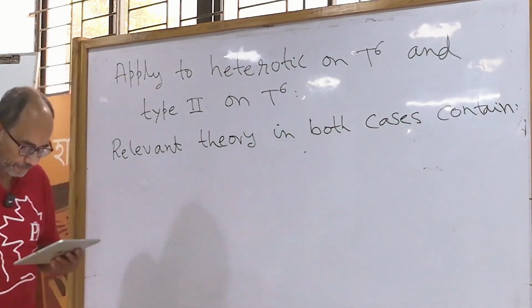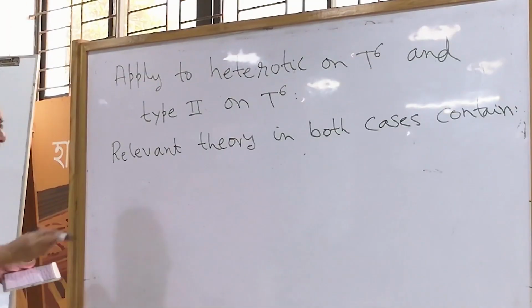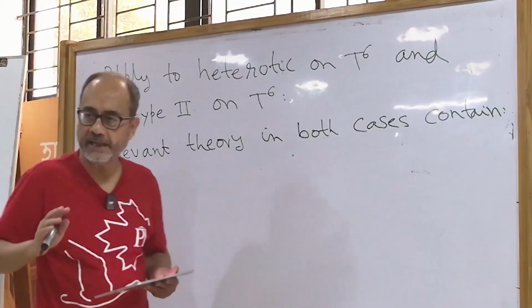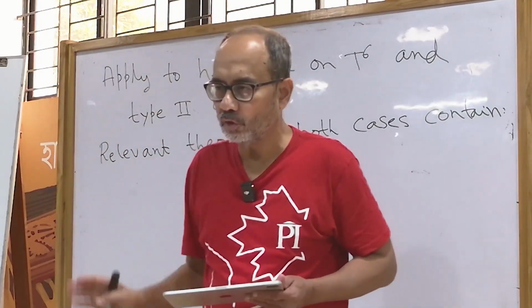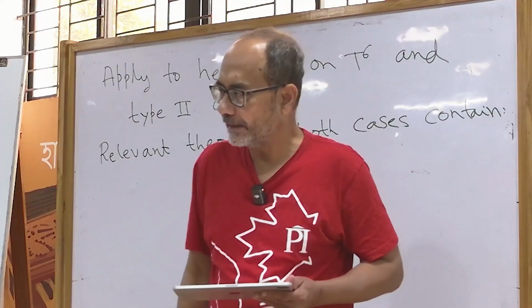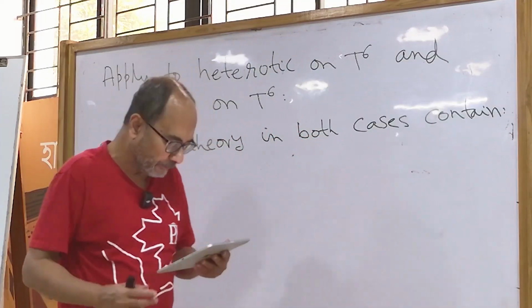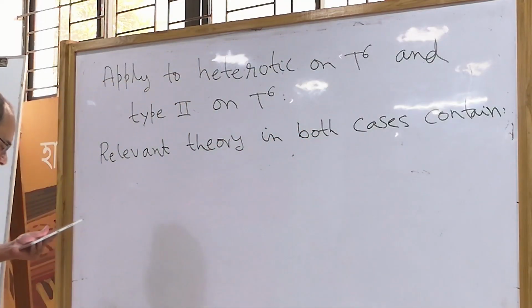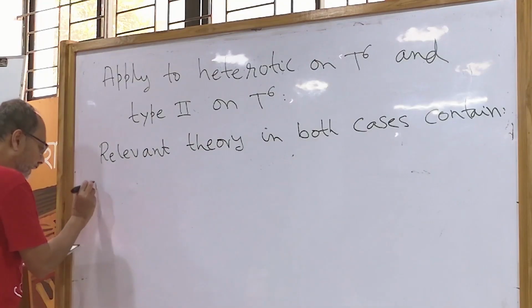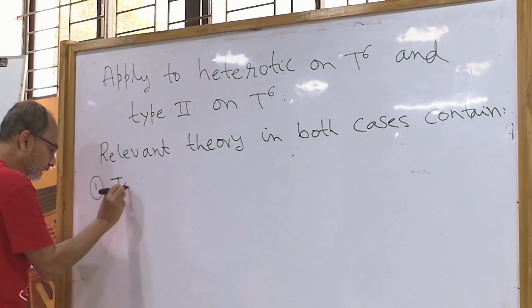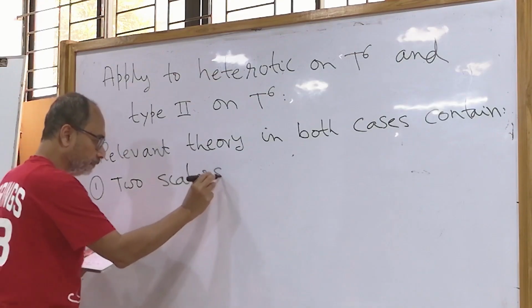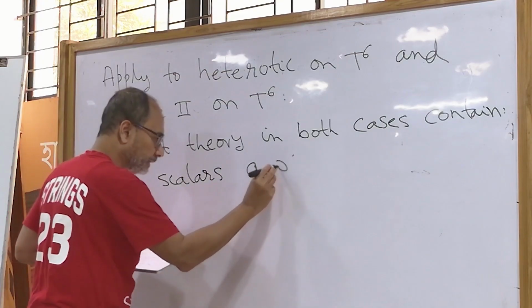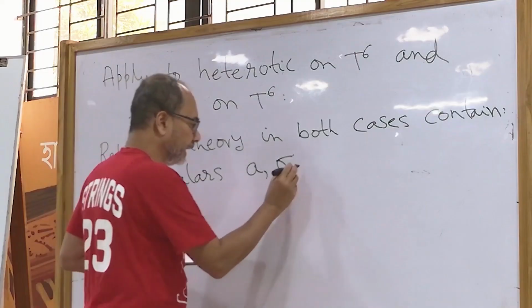I will now list them. When I say relevant theory, in both cases there are additional fields, but those are all set to 0 in the black hole solution. So I am not going to write them. I am just going to set them to 0 from the beginning. So the relevant part of the theory itself is reasonably complicated. First it has two scalars, A and sigma. This is called the axion dilaton.